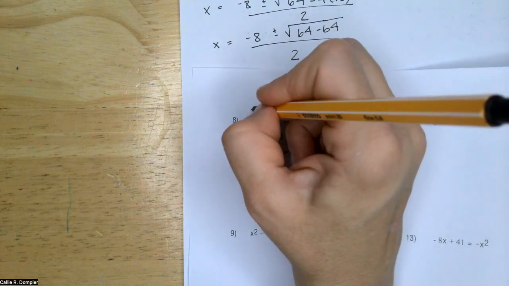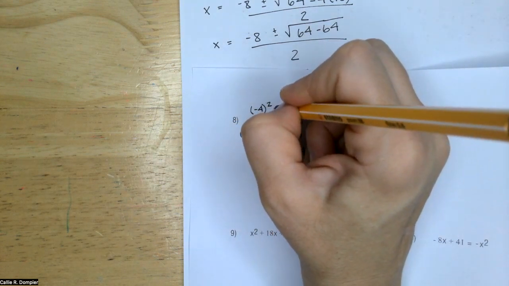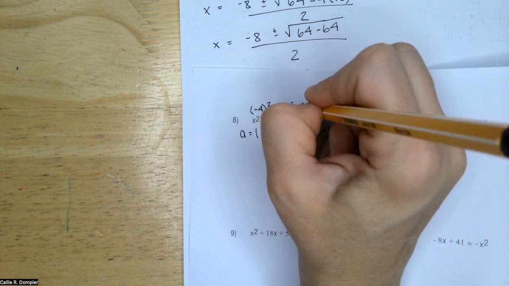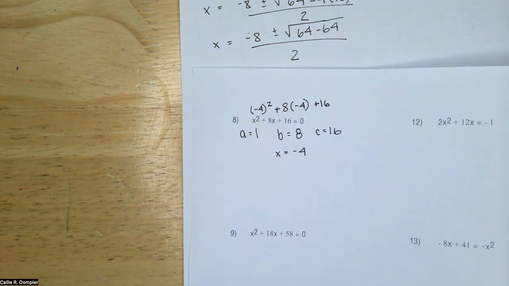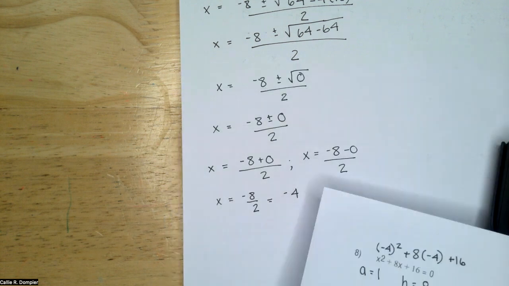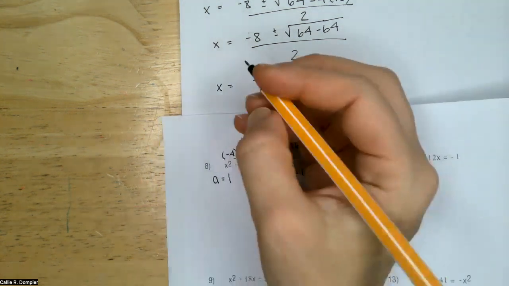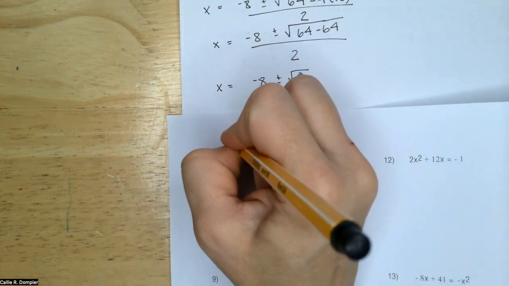Then if you put in that -4, -4 times -4 plus 8 times -4 plus 16, that should equal 0. -4 squared is -4 times -4, which is just 16.